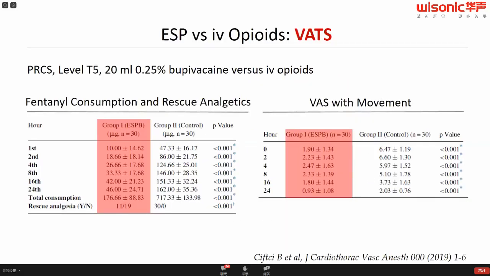We also have comparative studies between ESP blocks and IV opioids for video-assisted thoracoscopic surgeries. You can see here the fentanyl consumption, rescue analgesics, as well as the pain scores were better in the ESP block group.